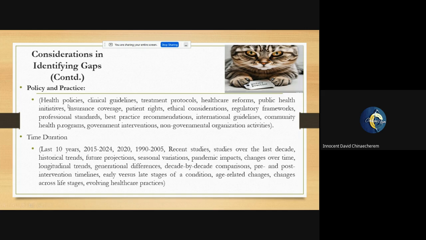Let's say you find yourself in social practice, right? So you want to do your systematic review and you're making your gap argument based on what? Policy and practice. So just like I said, it could also be based on time duration. This is usually what we consider, right? So let's say, for example, you're only interested in systematic reviews that were conducted in the last 10 years.